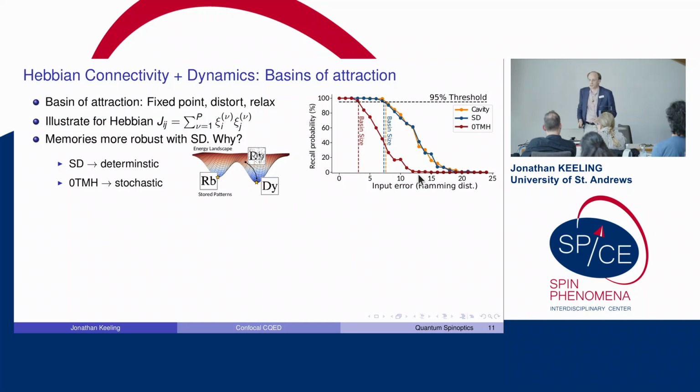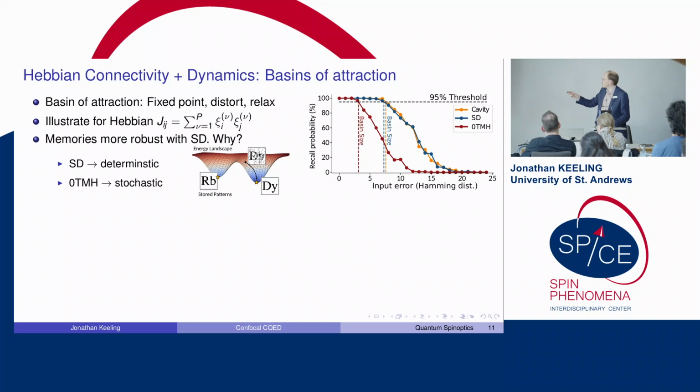And you can kind of understand that because if you go deterministically downhill, then you're never going to go accidentally uphill and escape from one local minima and go to a different solution. Whereas if you just randomly pick a spin and say, well, shall I flip this spin or not, sometimes you can go uphill and escape a local minima.